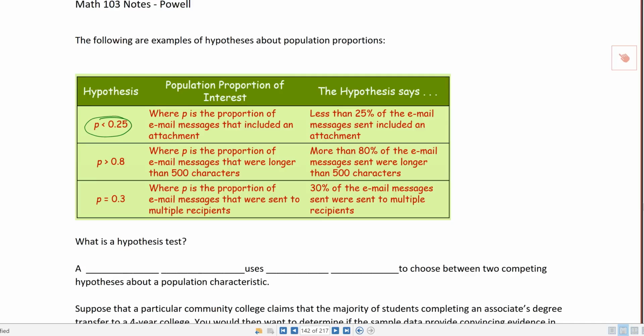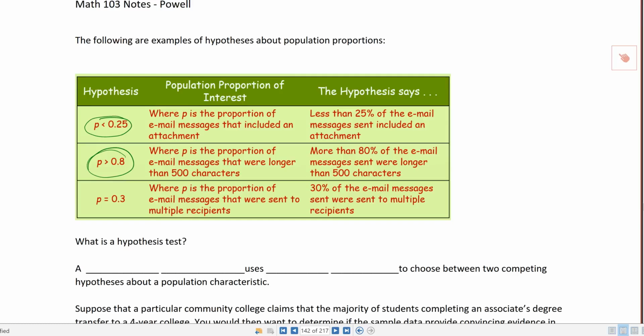In this particular case, P is the proportion of email messages that included an attachment. We would say that less than 25% of the email messages sent included an attachment. If P is greater than 0.8, where P is the proportion of email messages that were longer than 500 characters, our hypothesis says that more than 80% of the email messages sent were longer than 500 characters.